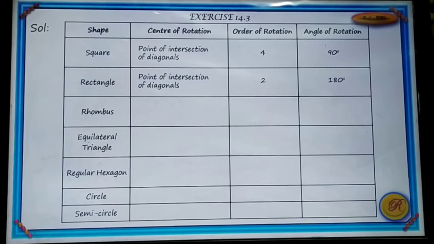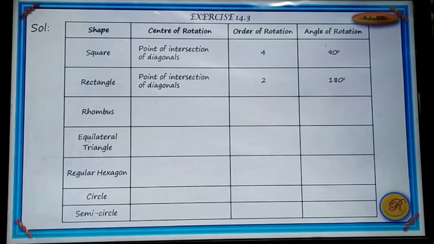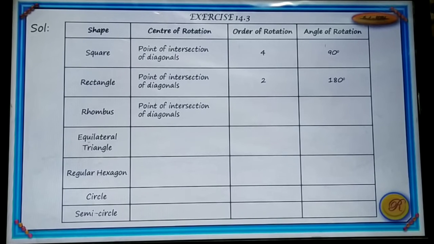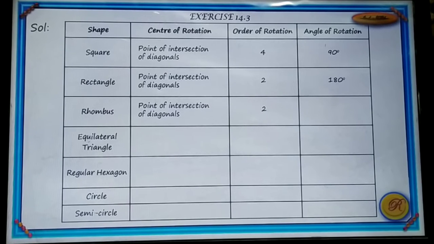For rhombus, center of rotation is point of intersection of diagonals. Order of rotation 2. Angle of rotation 180 degree.